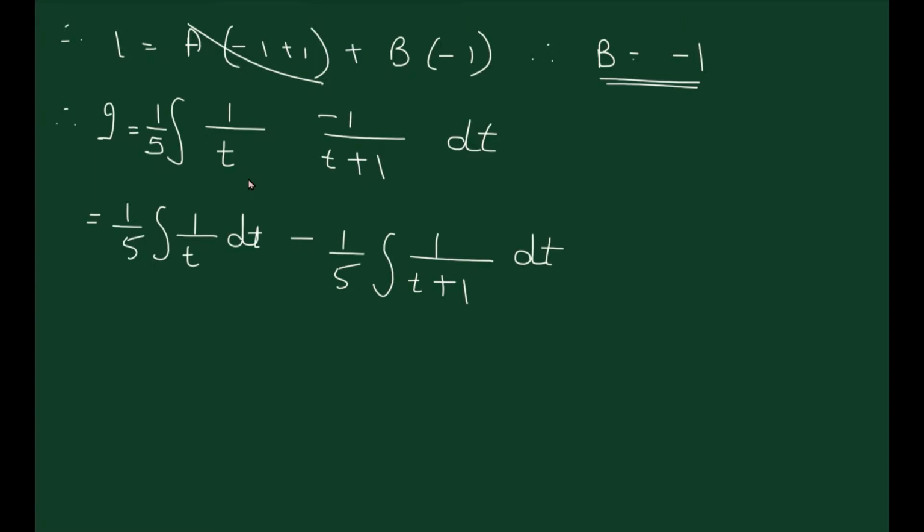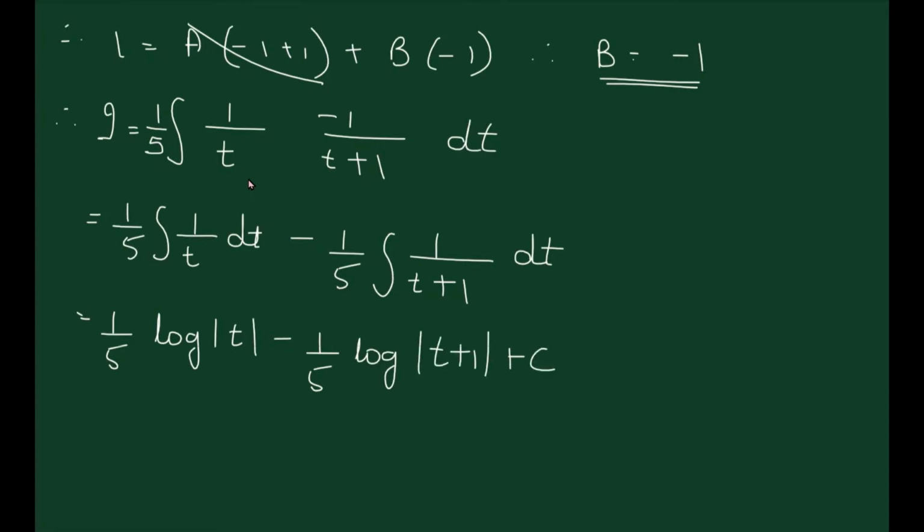You know that the integral of 1 upon x is log x. So here we get 1 upon 5 log t minus 1 upon 5 log of t plus 1 plus c. Now we resubstitute because t was actually x raised to 5. First of all, we can combine these logs and write this way. So 1 upon 5 is common.